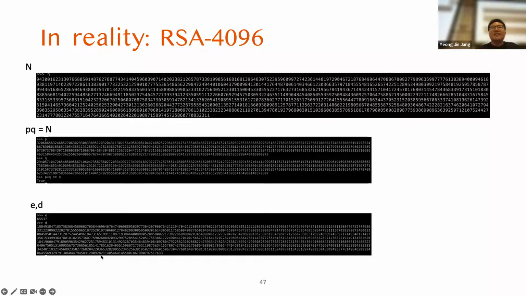This D is not linked to the public, and P and Q are also not linked to the public. The public part is just N and E. If you know P and Q, it's very easy to calculate D.